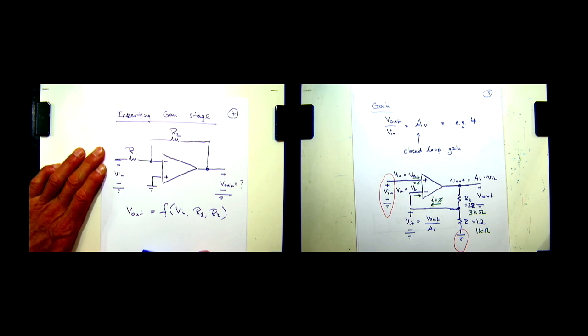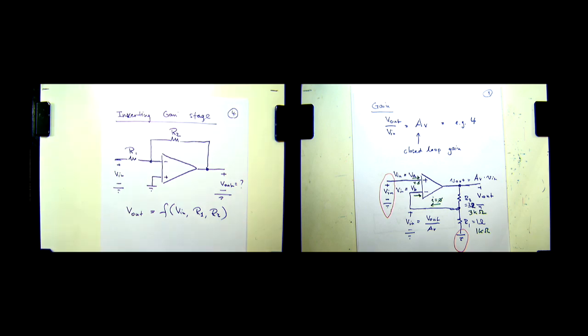And we want to know what this function is. So you can start doing KVL or KCL or whatever, knowing that this is an ideal operational amplifier, and try to analyze this problem.